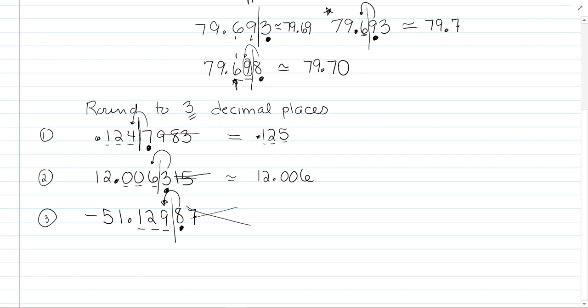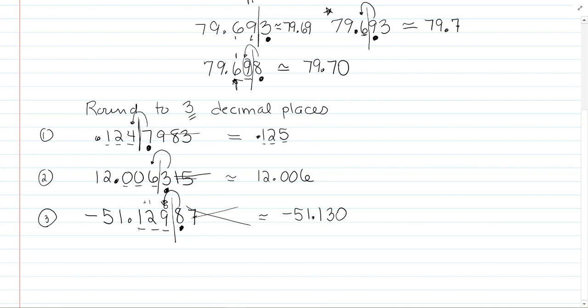But when 9 bumps up by 1, it becomes 10. So this is a 0, and then add 1 to the 2, which becomes 3. So this is negative 51.1, and then the 29 becomes 30.